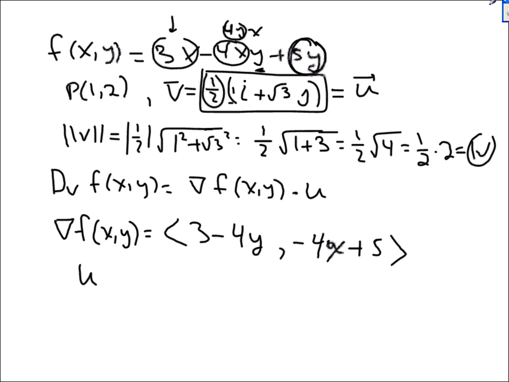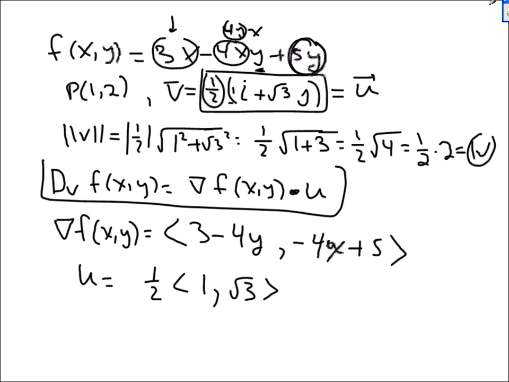And u is, you don't even really need the half, it's 1/2 times 1i plus square root of 3j. We dot these two. So the directional derivative of f is, we dot them.